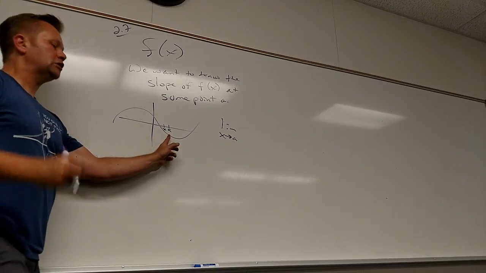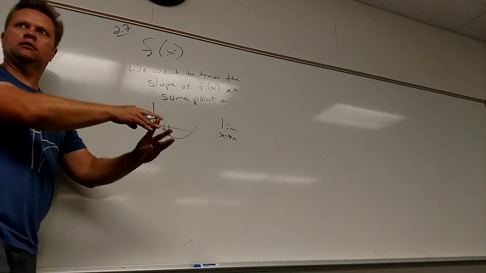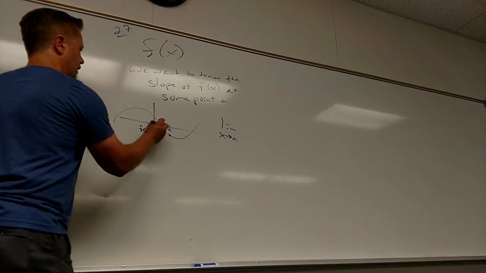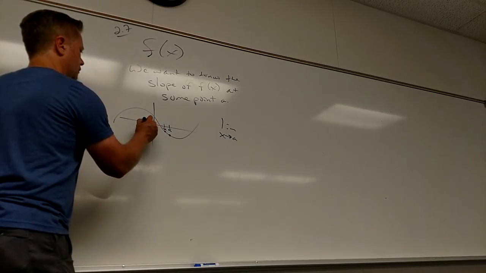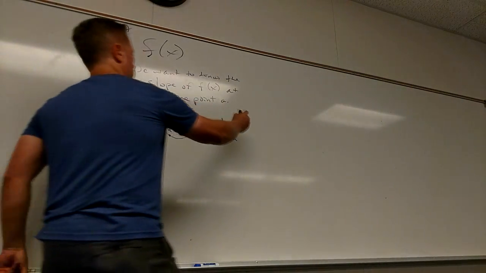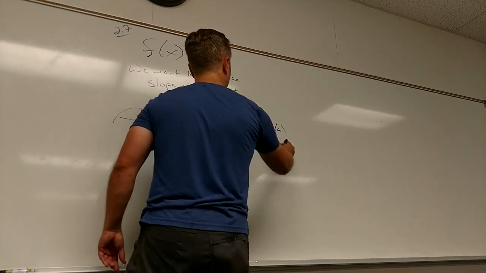So I want to know the slope at A, so I pick some x that isn't A. So then I have 2 points. I have A comma f of A, and I have x comma f of x. So what would the slope be between those two? y2 minus y1 over x2 minus x1, right?